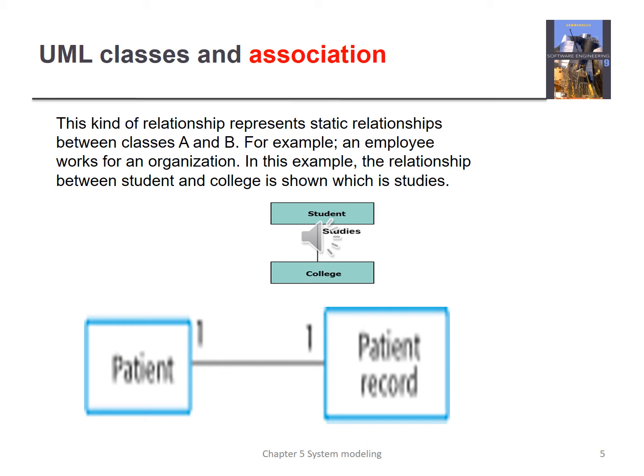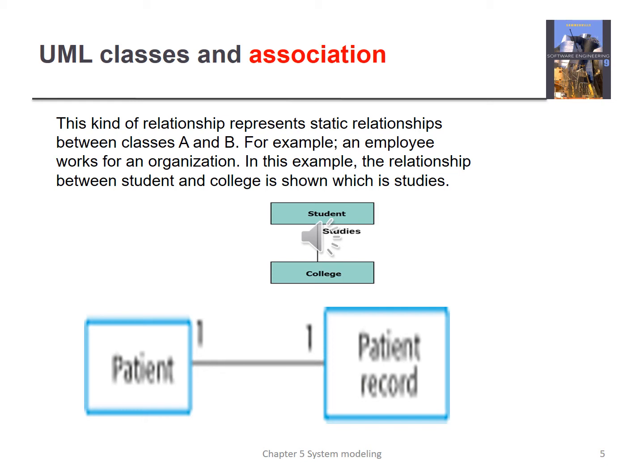Let's look at UML classes and association. The association is a relationship between two classes, like a patient and the patient record, or a student and a college. What is the relation between the student and the college? It is studies: a student studies in a college.